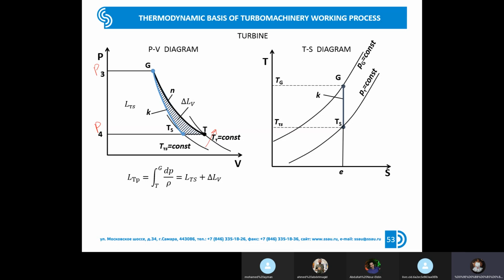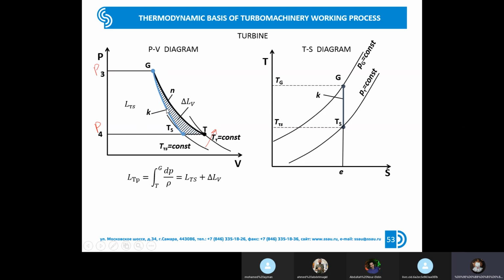So, let's carefully look at this picture. It's really a very interesting picture. Maybe it doesn't seem so, but I will show what I mean. What is the specific work of ideal expansion here? The blue one, not this area.